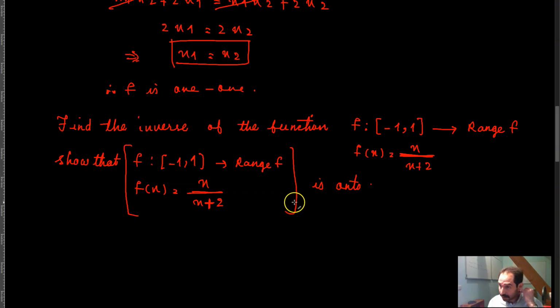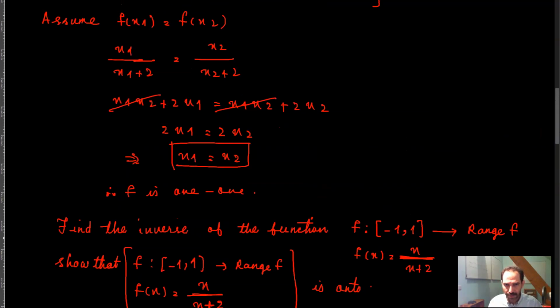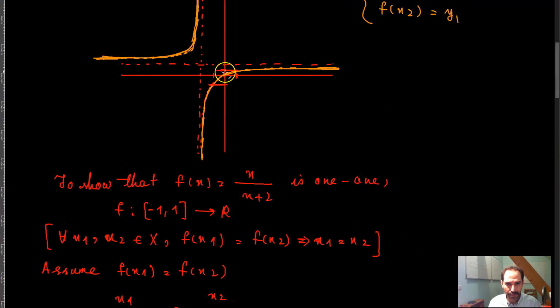To show that this is onto, what you need to do is show that for every y belonging to this range, meaning that all of the y's belonging to this range are the image of some element in the domain of the function.